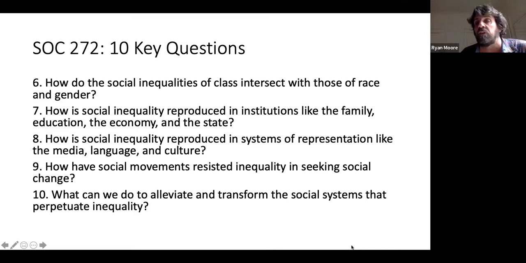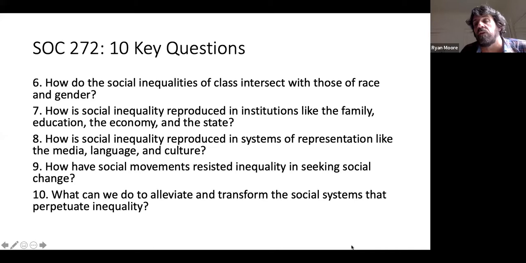All of these systems of representation have contributed to a biased social perception of these different groups, which has made it seem like basically that they deserve their oppression, in one way or another.